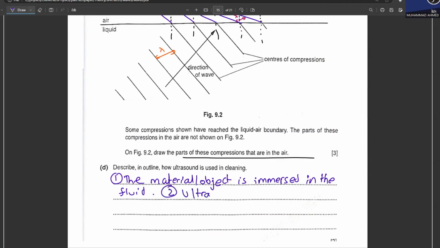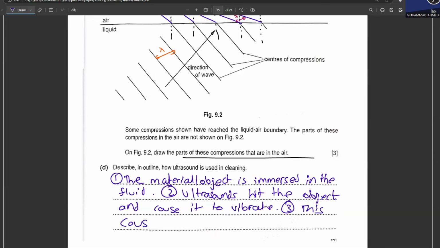Ultrasounds hit the object and cause it to vibrate. This causes the dust particles to loosen up and fall. Simple. This marks the end of past papers for waves.